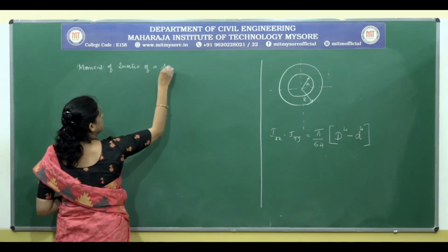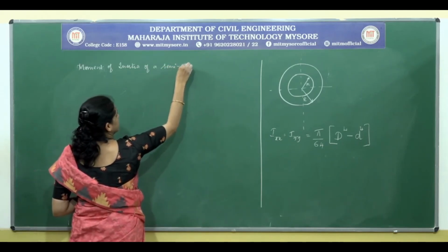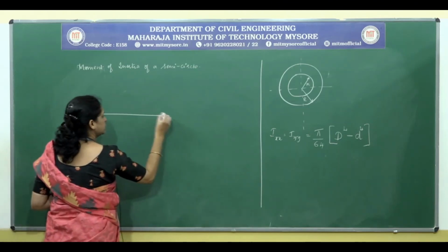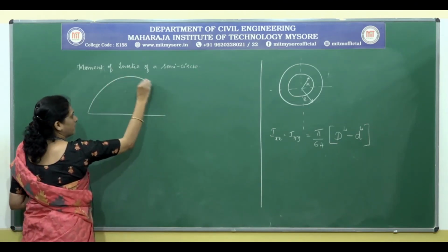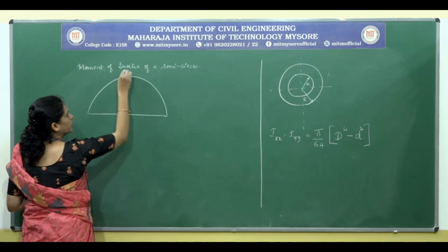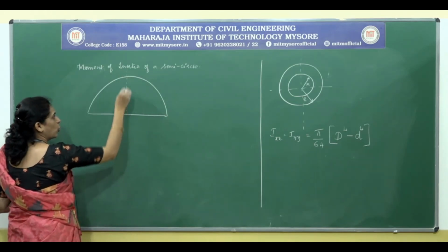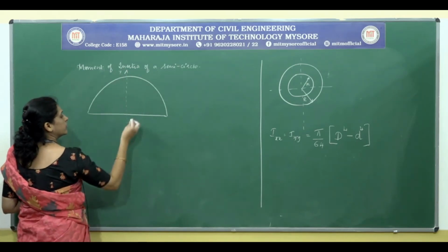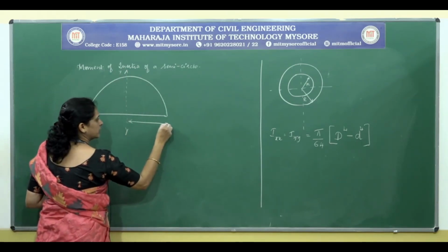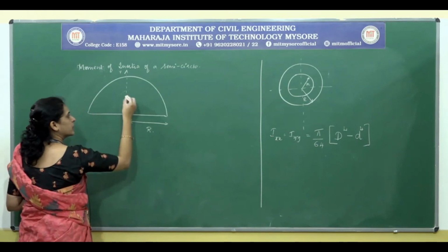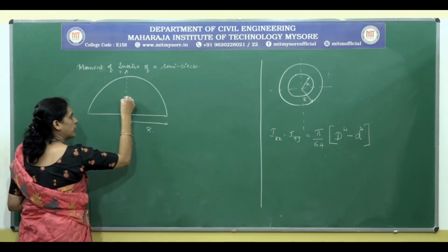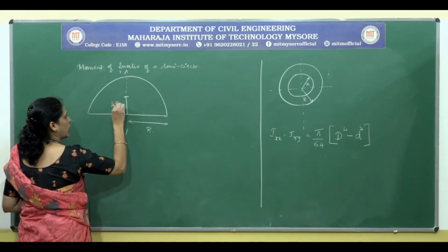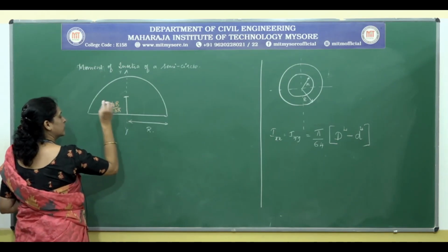Now, the next expression is moment of inertia of a semicircle. So, we will draw the diagram, symmetric about y-axis. Here is the radius, the centroidal point represented by 4r by 3 pi.